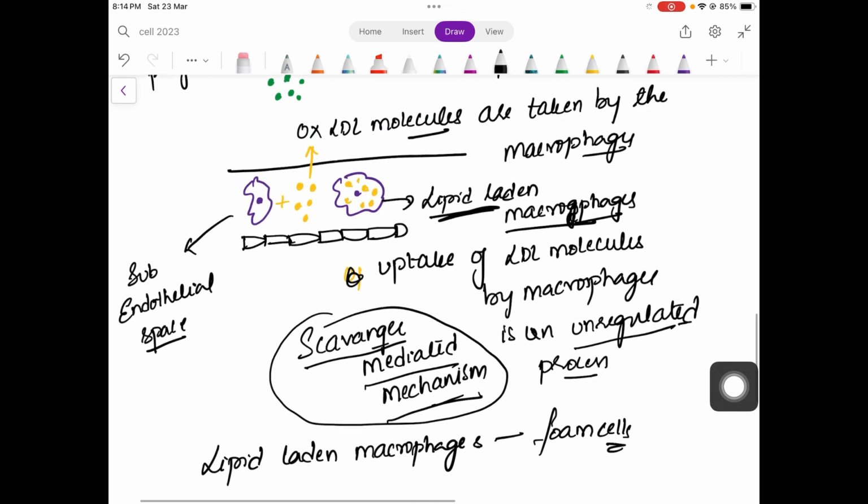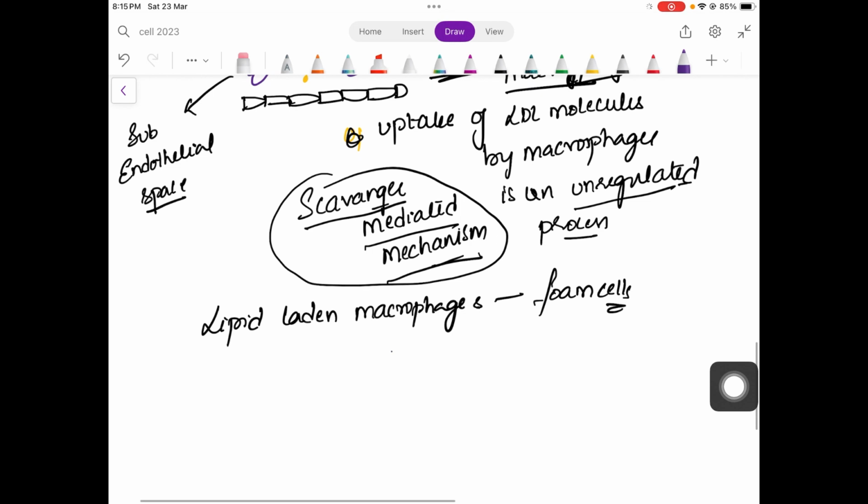and like this there are lots of macrophages with LDL molecules, and these foam cells will accumulate in the subendothelial space, and they will form a fatty streak.